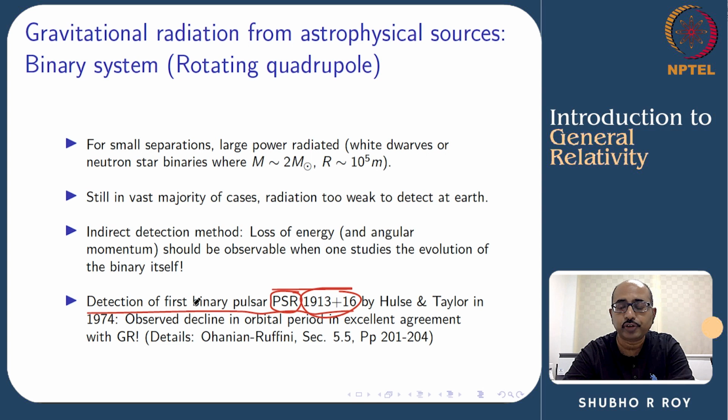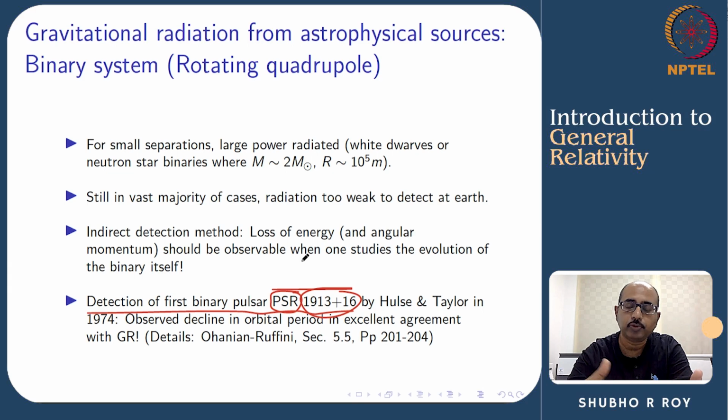So this first binary pulsar which was detected was a game changer, because now we could study the binary system using the pulses emitted by the pulsar. And when we apply general relativity to this system, due to the loss of energy, the orbital period will decrease.